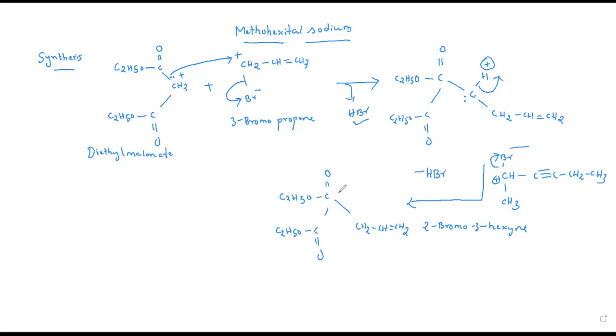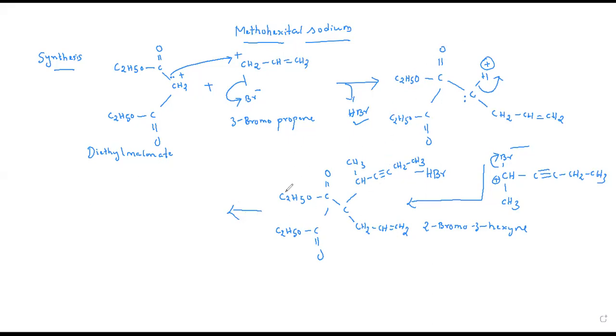And before that, you'll have one bond with carbon, so this carbon will bond with CH, CH3, next C triple bond C, CH2, CH3. This is one intermediate compound you got here.